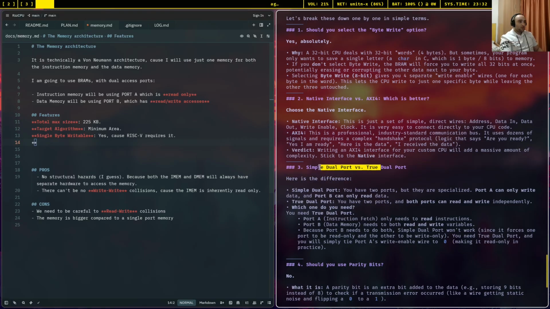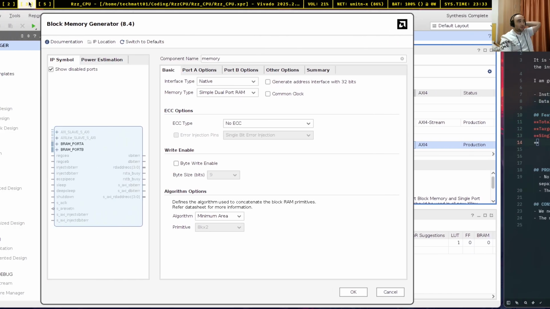Native interface versus AXI4: choose the native interface. This is just a set of simple direct wires: address, data in, data out, write enable, clock. It's very easy to connect directly to your CPU core. Okay, let's use native then.